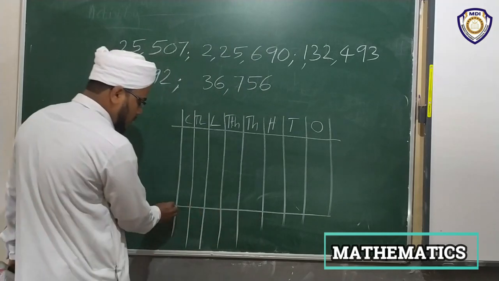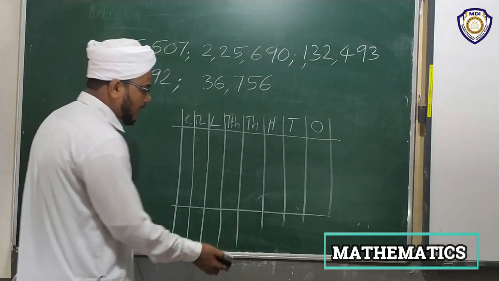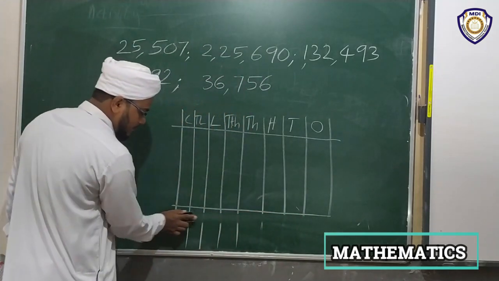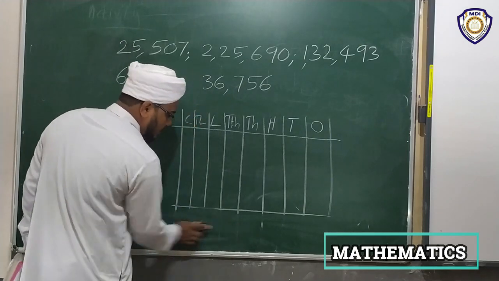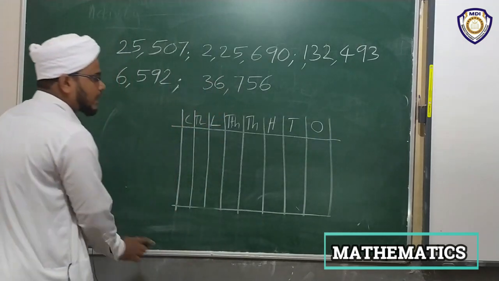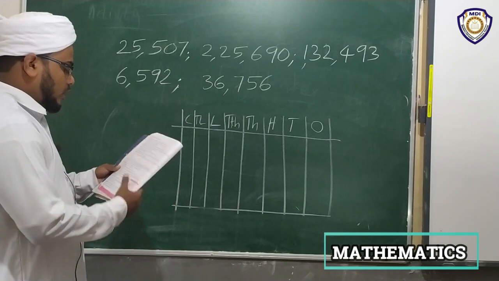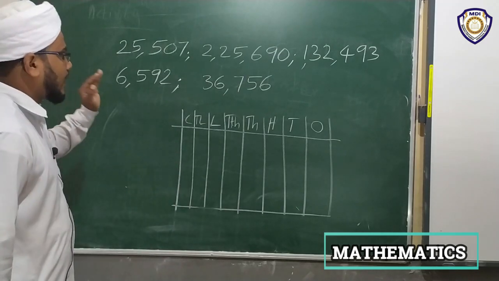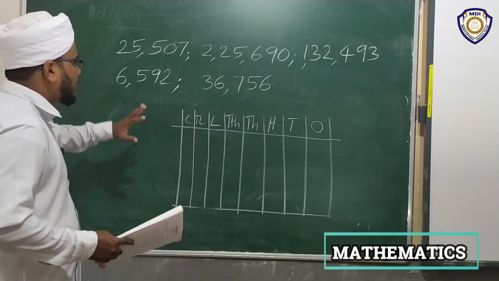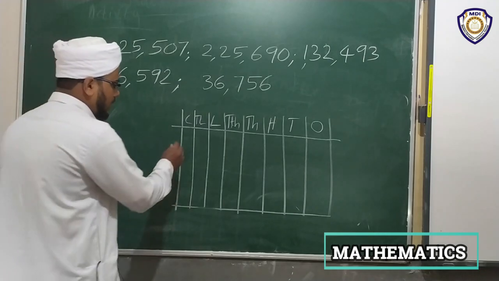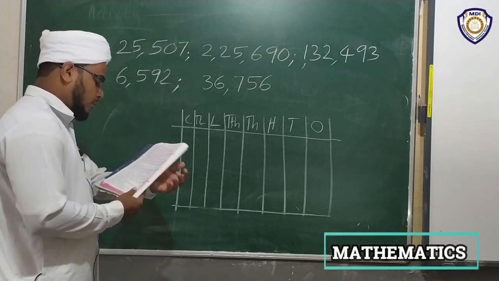This is the place value table. You have to write this place value table and then take the first step.